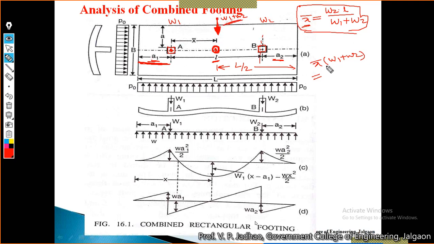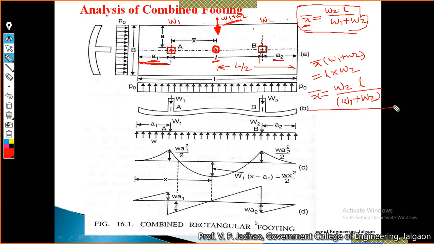This will be equal to the moment of load W2 with respect to column A, so this will be l multiplied by W2. So we get X bar equal to W2 multiplied by small l divided by W1 plus W2. This is how we calculate the value of X bar.